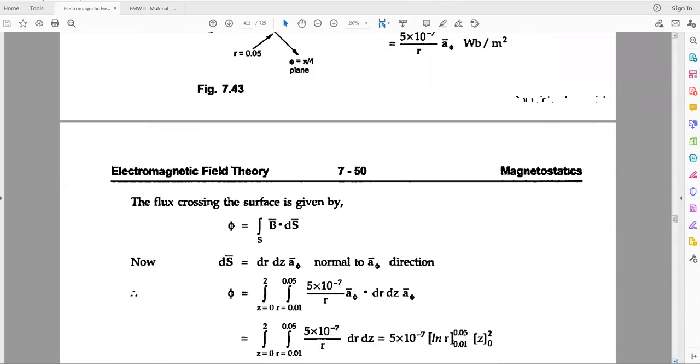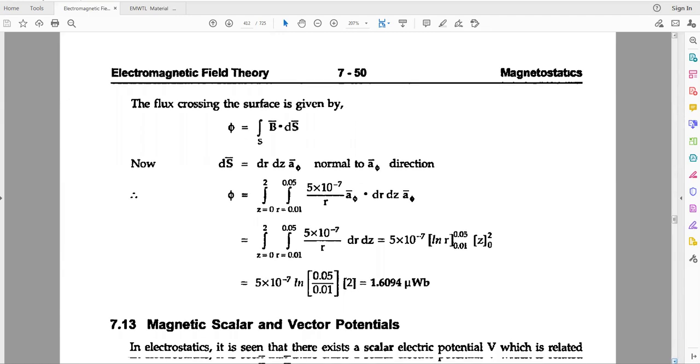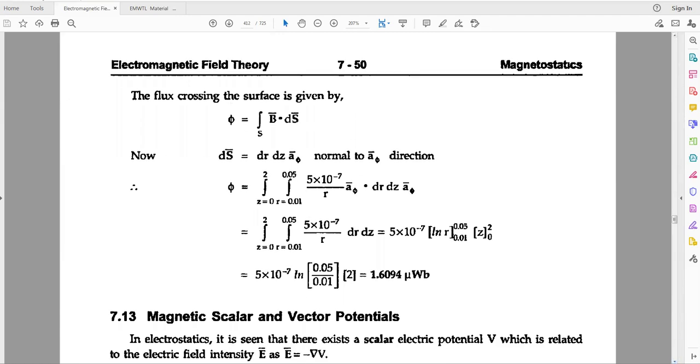We need to find the flux by using the Gauss law. Phi is equal to the integral of B bar dot ds bar. What is B bar? It is in the phi direction, so it is 5 into 10 to the power of minus 7 by R into A phi bar.